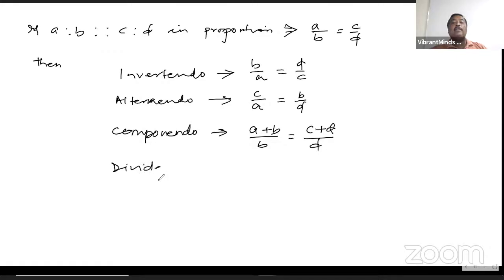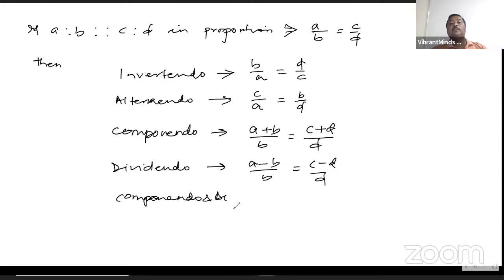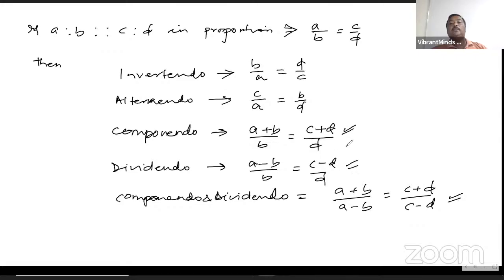Then we have dividendo. A minus B by B is equal to C minus D by D. Now in componendo and dividendo, we have A plus B by A minus B is equal to C plus D by C minus D. This is also in proportion.